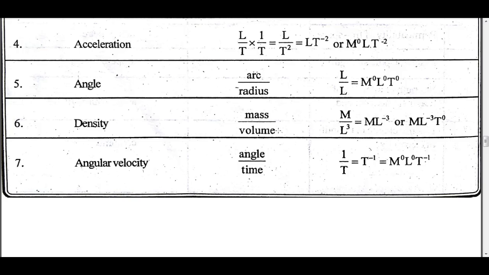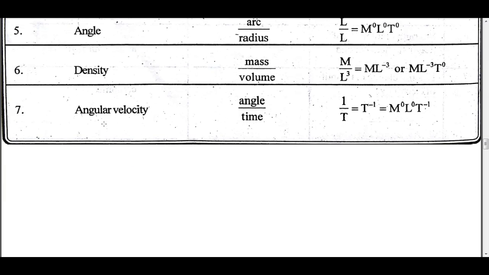Coming to angular velocity, that is angle by time. For angle, there is no dimensional formula. So that is 1 by time, that is T power minus 1 only.